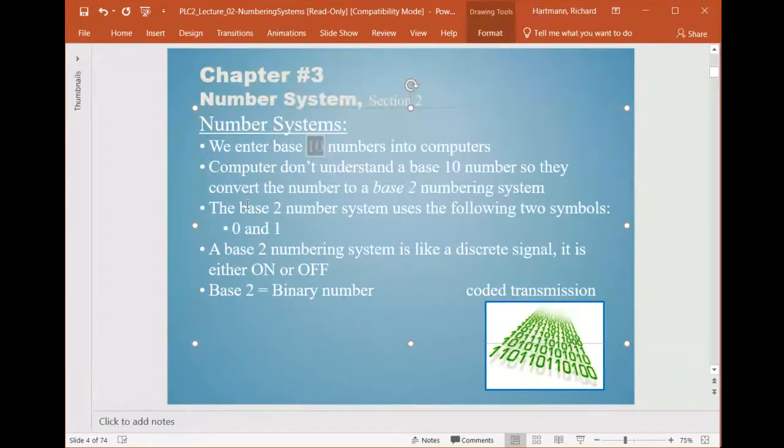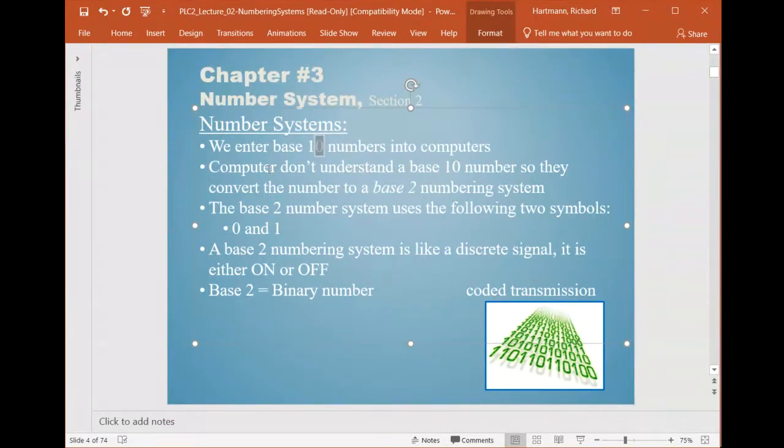With the TTL logic we talked about, if it's 2 volts or above, it's considered a high, on, or 1, and if it's less than 0.8 volts, it's considered a 0. In one location, that value can either be high or low.